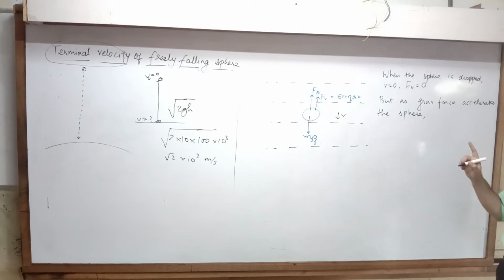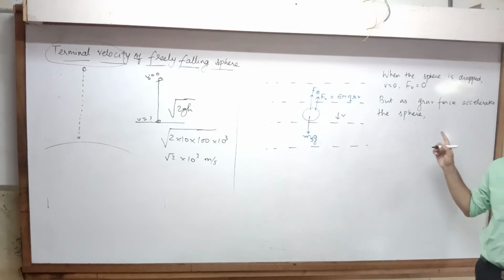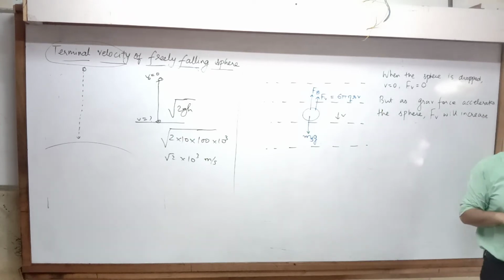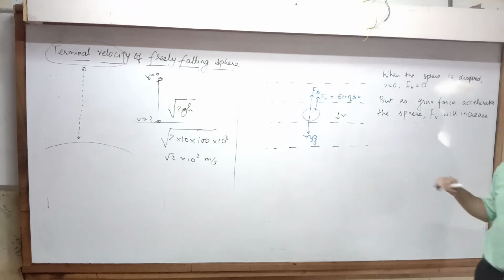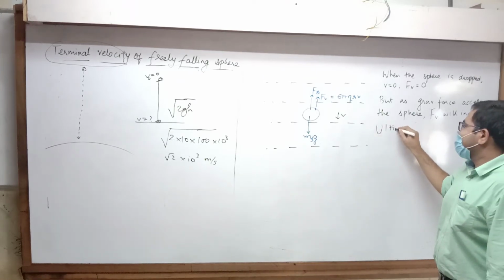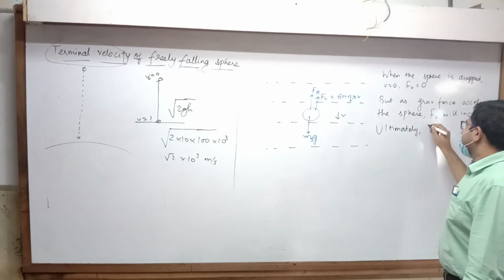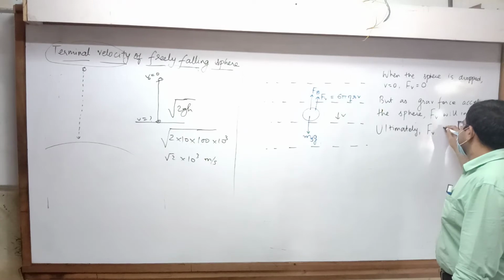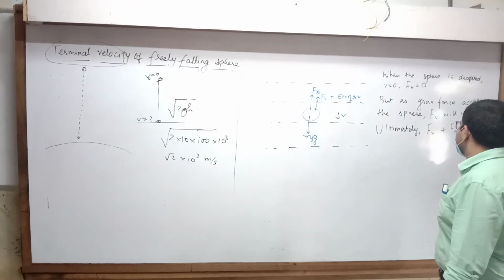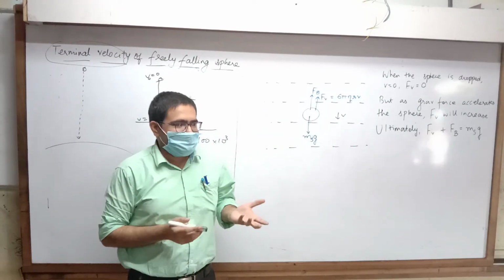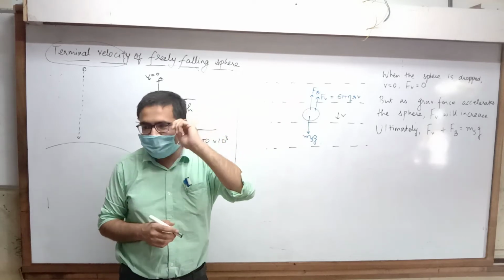As gravitational force accelerates the sphere, Fv will increase, right? Fv will increase. Ultimately, after some time, Fv plus Fb will become equal to mg. I think that makes sense, or does it not?